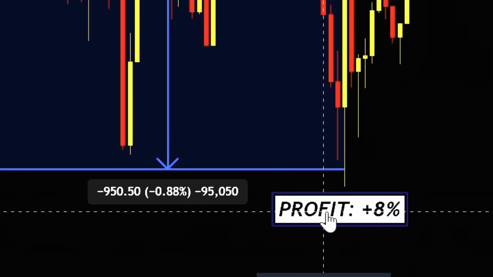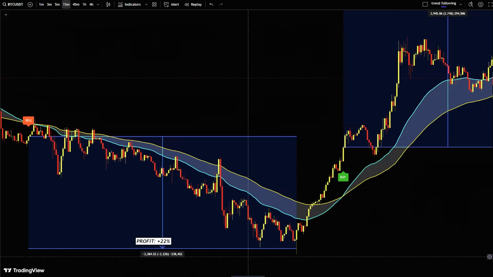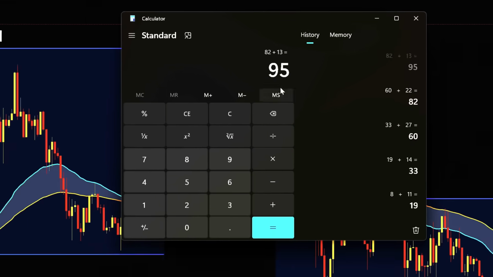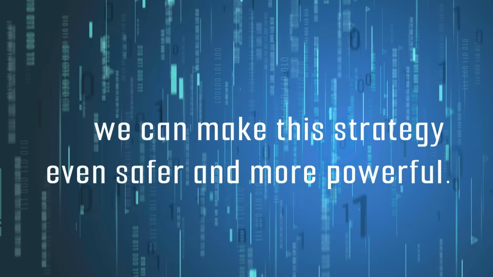Just scroll back and see how it did. Look at that, over just 6 signals, that's a 95% total gain. That's insane, right? But this is a big but. We can make this strategy even safer and more powerful.